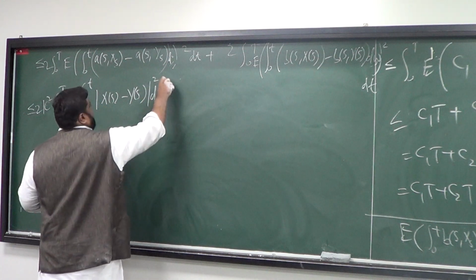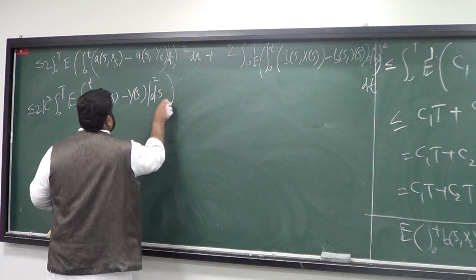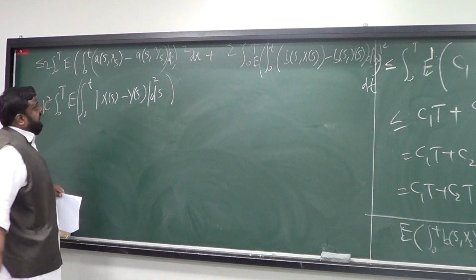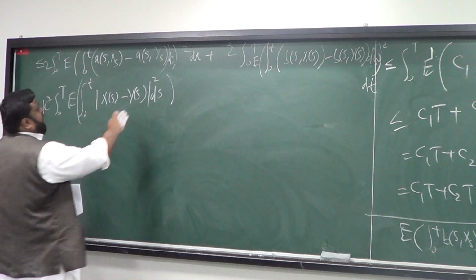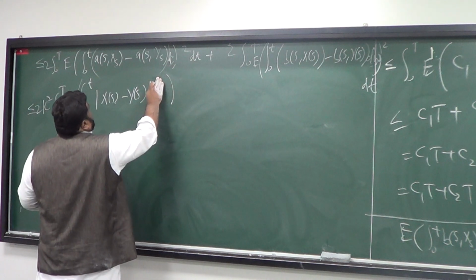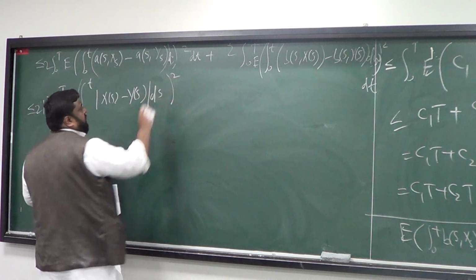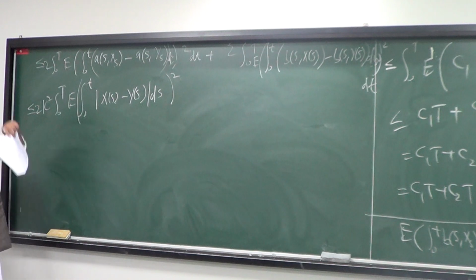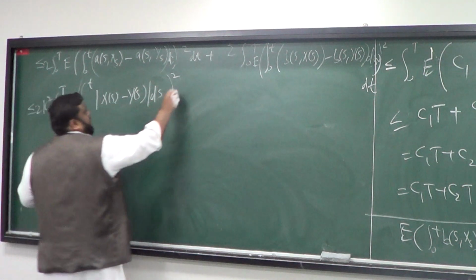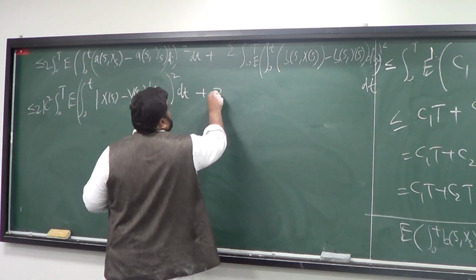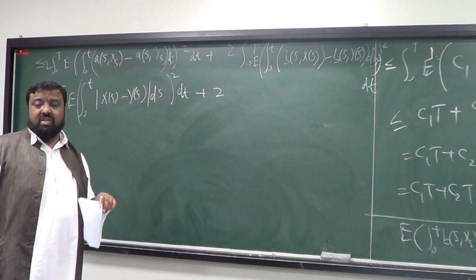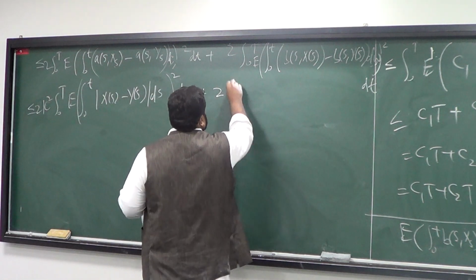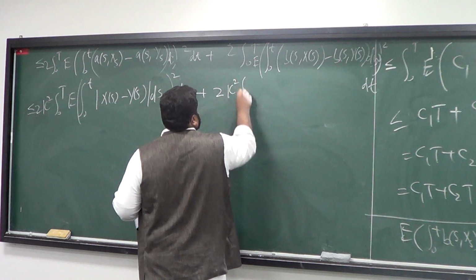Square actually, right? And dt. Okay? Square overall will be the integral overall dt. Plus 2 times, again I'm going to have k square, the integral 0 to t.